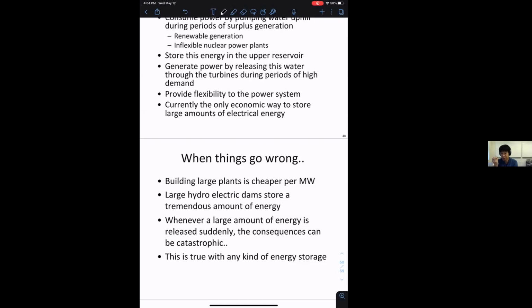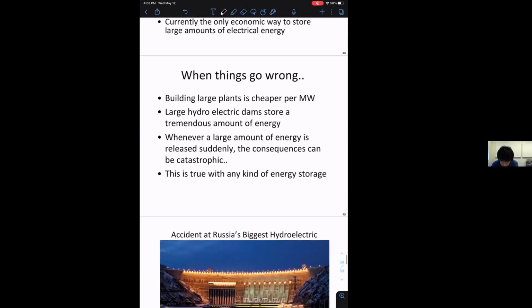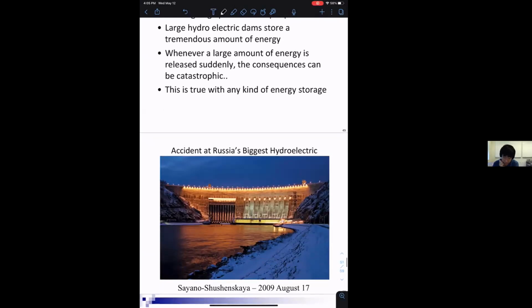This energy has to go somewhere. If it doesn't go into electric energy, it has to do something else. And this is where things go wrong. This is common for all storage and all power generation. Okay, so this is the example.